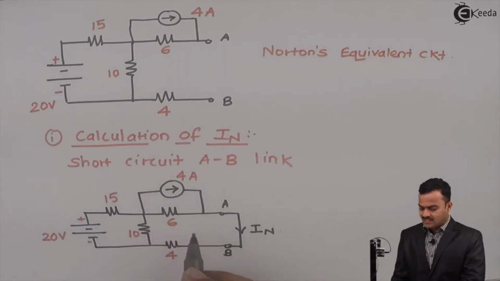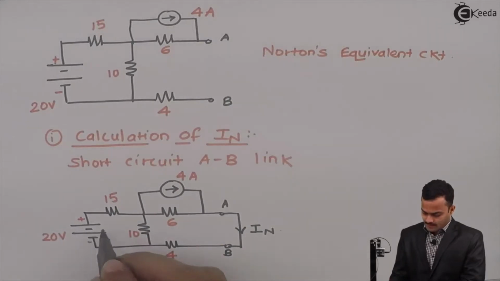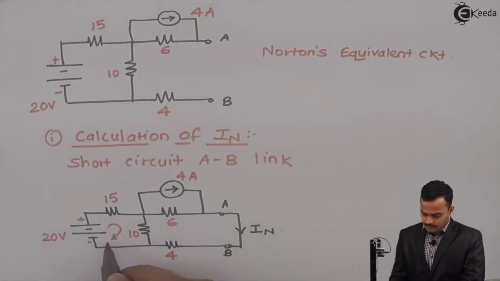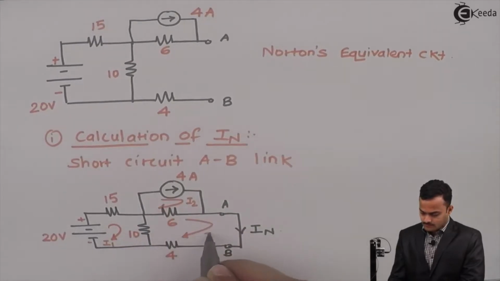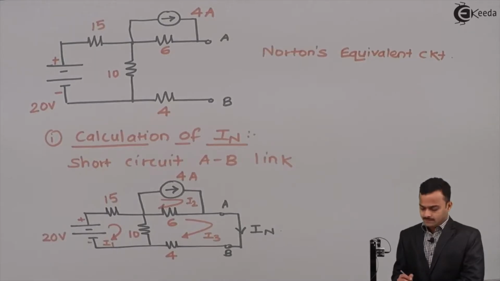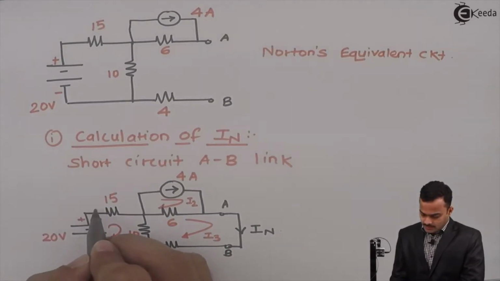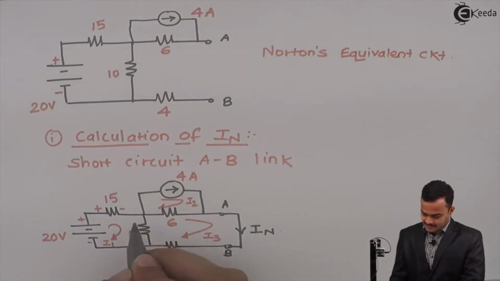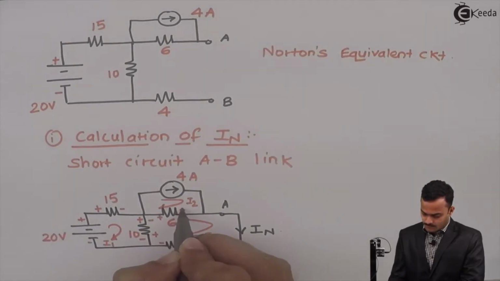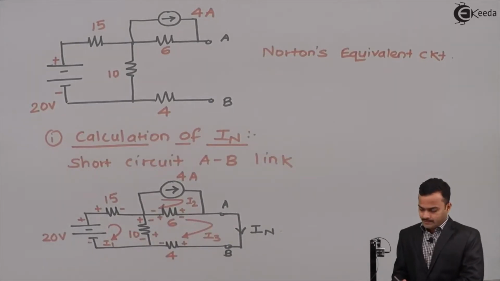Here we have three loops with loop currents I1, I2 and I3. As per the direction of current, voltage drops will get developed across resistances. So I am marking those drops. Now I am ready for application of KVL.